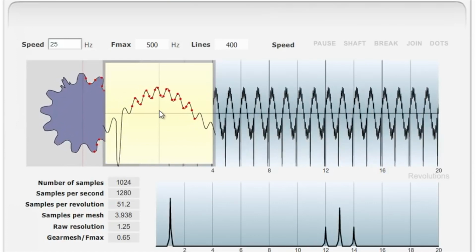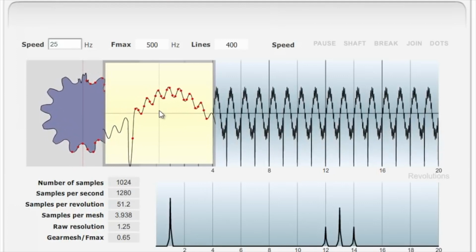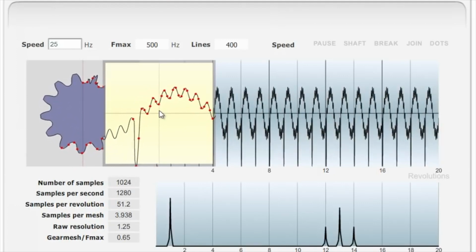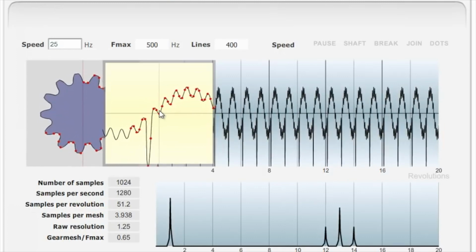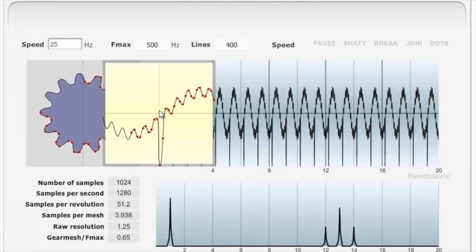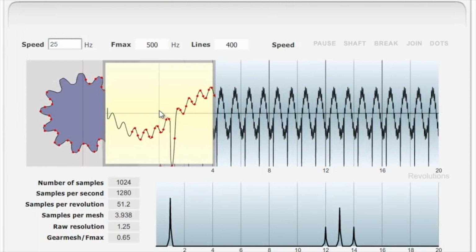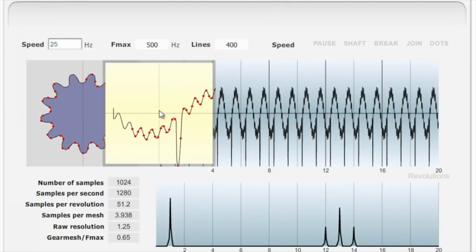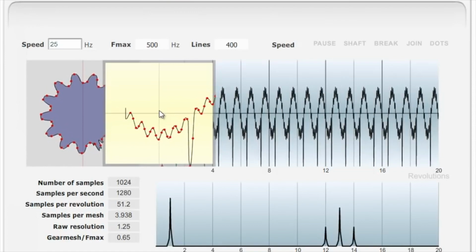But you see how the damage is introducing a loss of regularity. And so this damage itself is causing a spurious line in the spectrum. So we could have predicted the spectral lines due to the gear mesh, but this damage is introducing a new one. And this is something that we can use to detect this kind of damage.